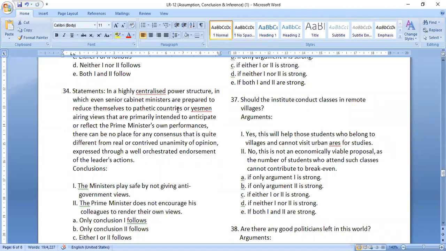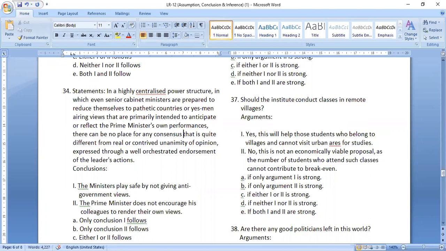I don't know what countries mean. I think they mean counties or yes men, right? By yes men, they mean airing views that are primarily intended to anticipate or reflect the prime minister's own performances.